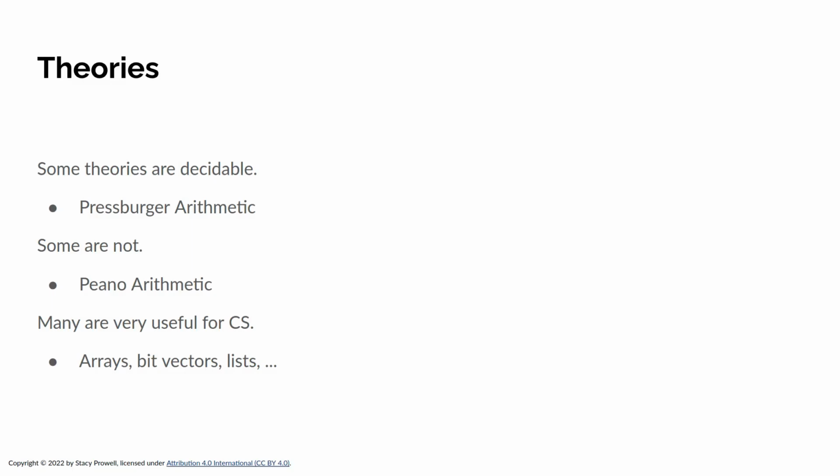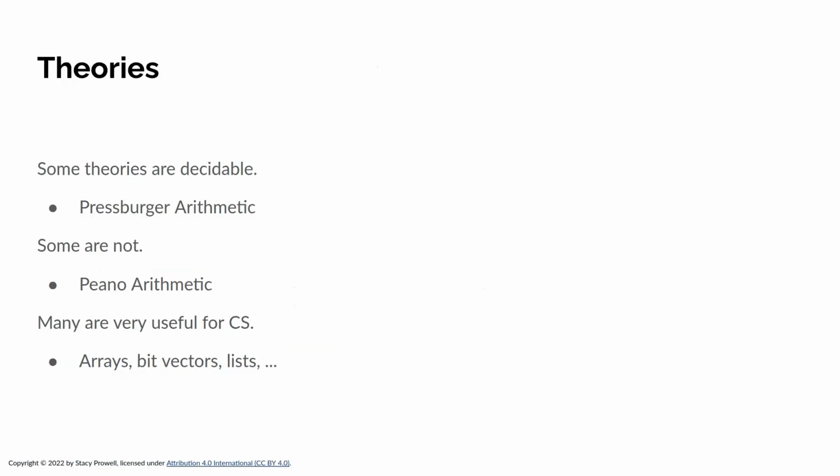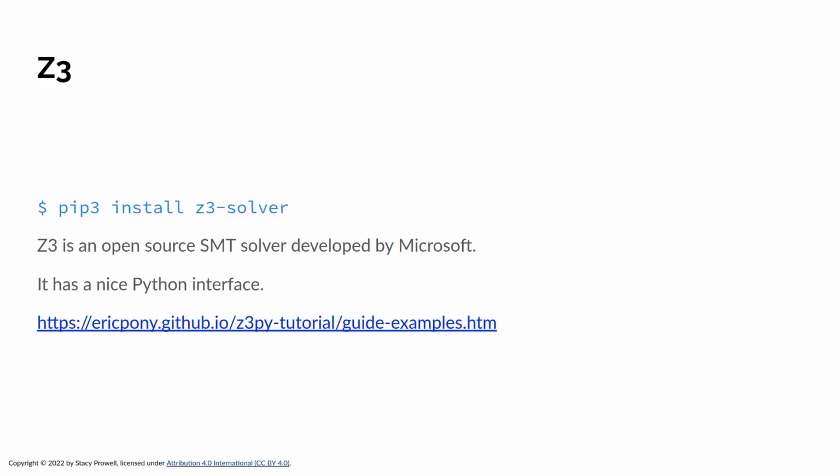And so it'd be great if someone built a tool that took a SAT solver, which we know exists, and maybe a general constraint solver, which we know exists, and plugged those things together to give us a tool to be able to do this. And in fact, as you probably already know, there are such tools, and one of them is Z3. Z3 is an open source satisfiability modulo theories solver written by Microsoft.